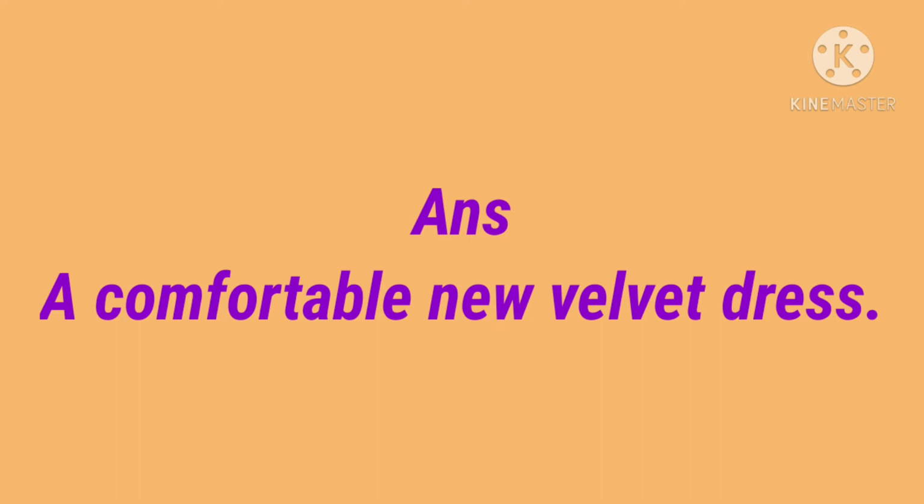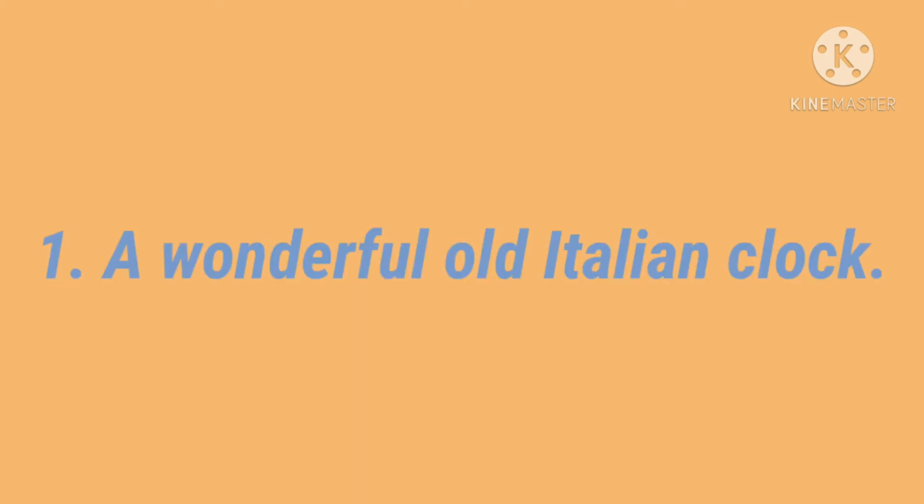Here three sentences are given. These sentences are written in the correct order of adjectives. Shall we check that? First one, a wonderful old Italian clock. Which is the noun here? Clock. What are the describing words given here? Wonderful, old and Italian.